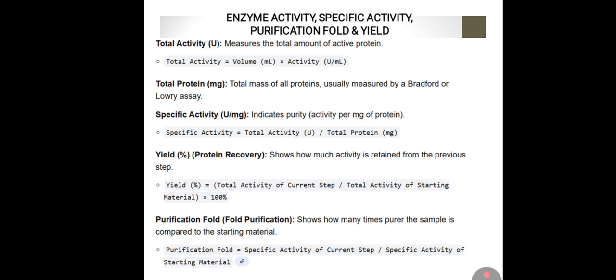If this is not done, you'll find out at the end of your production processes that your protein of interest is lost, and that means you have to start the rigorous exercise of purifying your protein all over again. But in order for you not to go through this strenuous exercise again, this calculation has been made in order for you to be able to monitor your process.